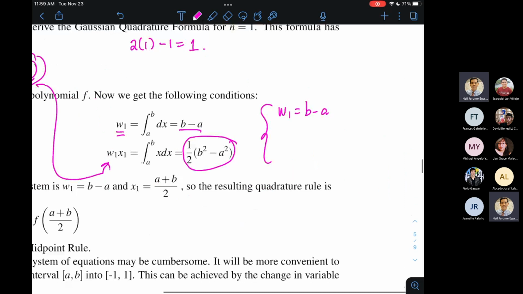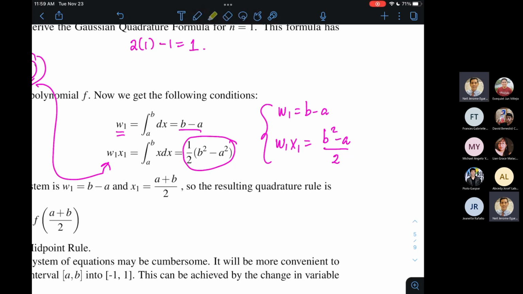Which gives rise to the second equation in our system, b squared minus a squared over 2. Okay, so ito yung system of nonlinear equations na nakuha natin mula dun sa definition ng degree of precision ng quadrature formula. Okay? Now, it's for us to solve for the values of W1 and X sub 1.